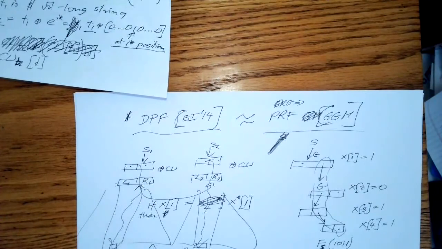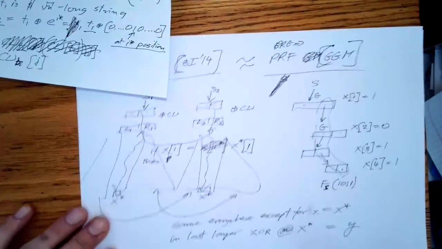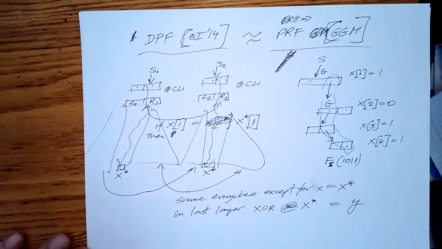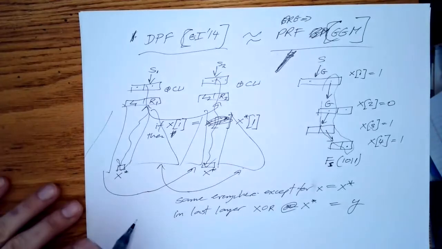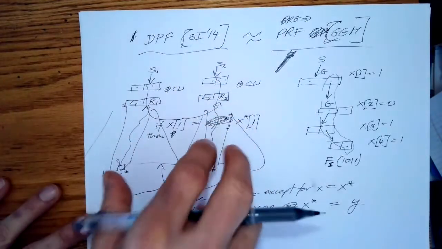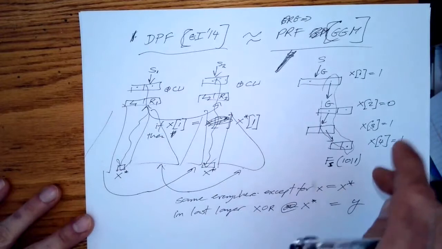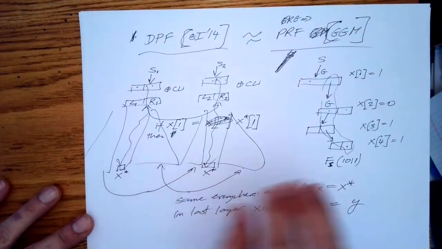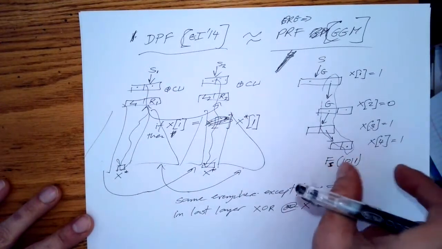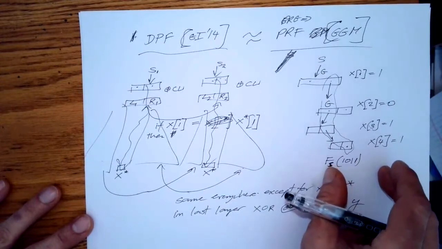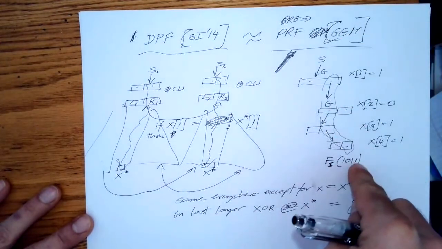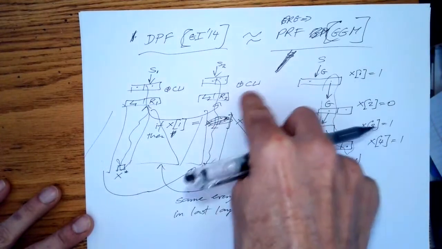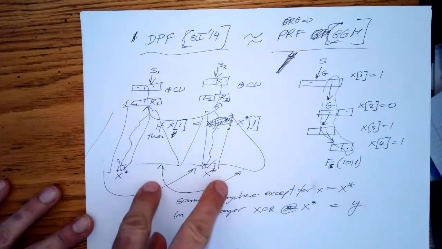Okay. So this is another way that you can view this construction. And if I gave it to you straight away in this form, I mean, now I sketched it in a very sketchy way, but you can see it as an instance of the GGM PRF construction with correction vectors at each layer that enforce this property.